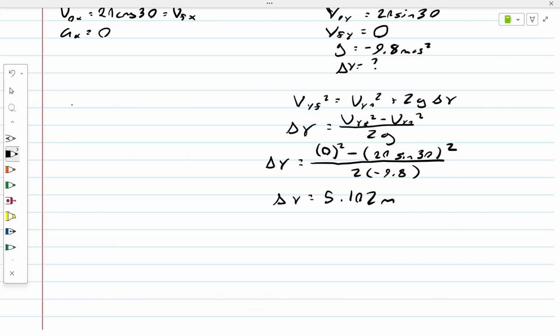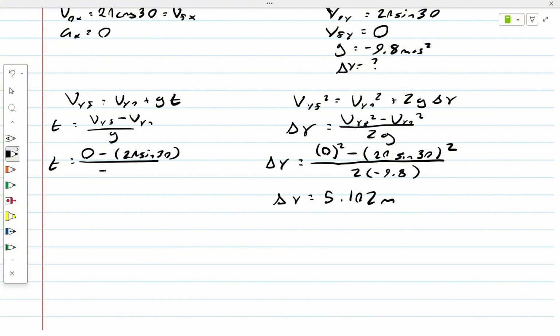If we use v y final equals v y initial plus g t, we can rearrange this as time equals v y final minus v y initial over gravity, which is just 0 minus 20 sine of 30 over a negative 9.8, which will give us a time equal to 1.02 seconds.